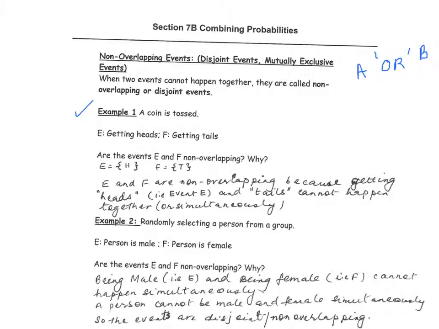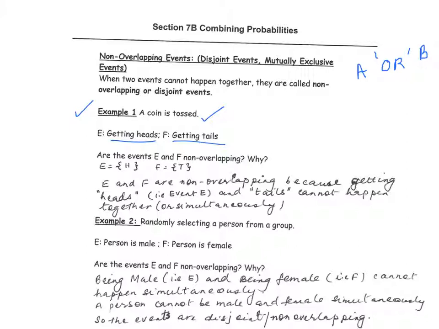Two events are disjoint if they cannot happen together. They are non-overlapping or disjoint. Now, suppose we toss a coin and consider two events: getting heads and getting tails. The event E is getting heads, the event F is getting tails. Are the events E and F non-overlapping? Can the two events, getting heads and getting tails, happen at the same time?